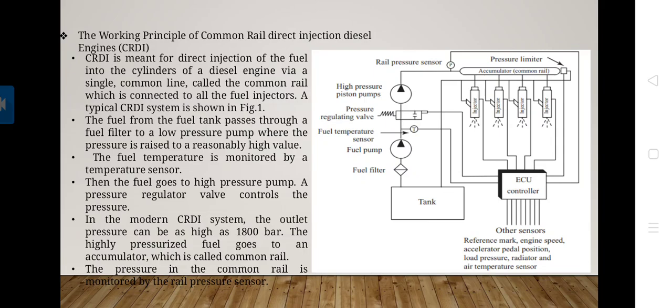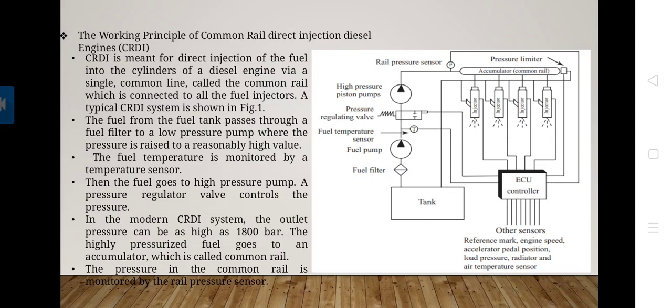Imperfect atomization leads to more unburned particles, causing more pollution, lower fuel efficiency and less power. To overcome this problem, high pressure fuel injection systems for both gasoline and diesel engines have been developed, and engines that use this technology are called CRDI engines.